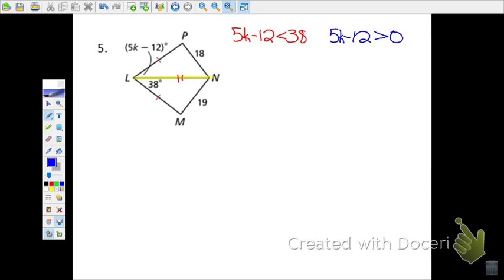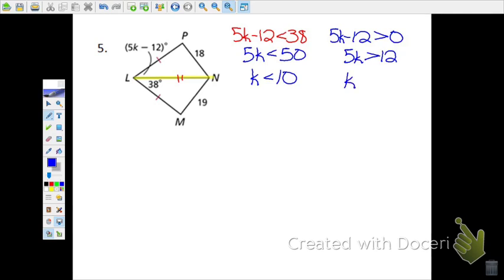So then we're ready to do the algebra. I'm going to add 12 to both sides. 5k is less than 50. So I divide by 5. K is less than 10. For the second part, I'm going to add 12. 5k is greater than 12.